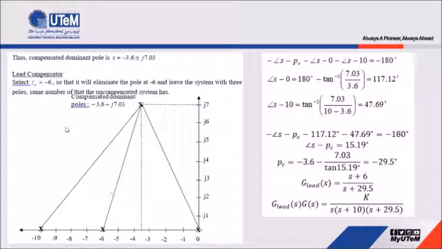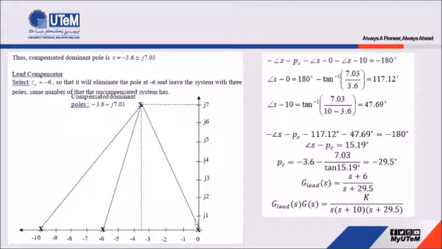Okay. Based on this decision, we use the angle formula for theta Pc. This is the new location of the pole for this compensator that we add to the system, minus theta at this origin, minus theta at this location. Theta for this origin we can calculate by using the Pythagorean theorem.